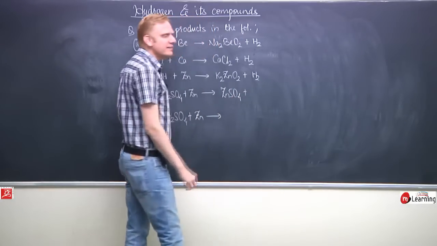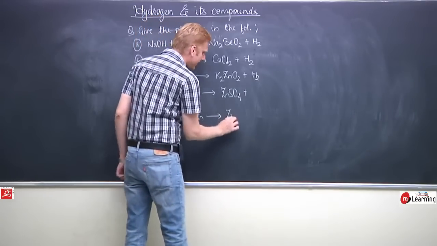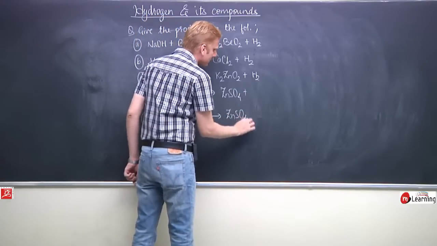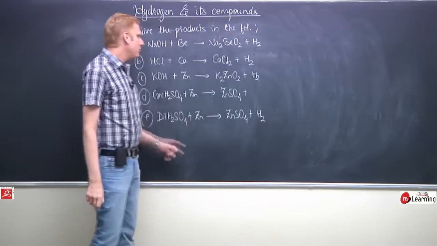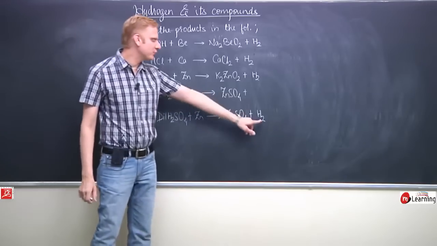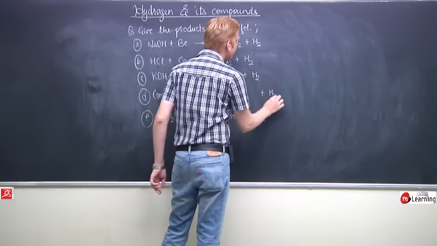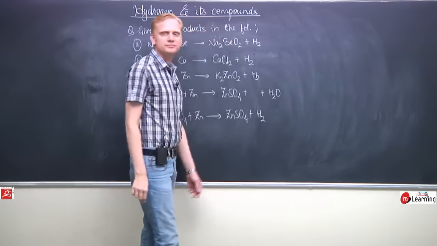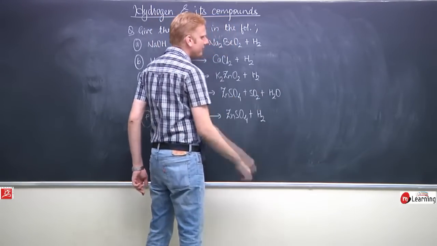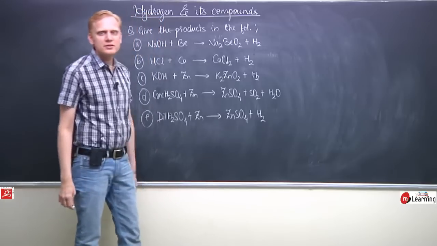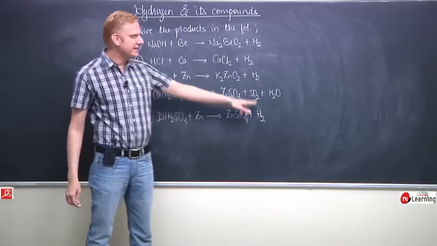In the dilute case you get zinc sulfate and hydrogen, but in the concentrated case you don't get hydrogen. Rather, the hydrogen is oxidized into water and sulfuric acid itself is reduced into SO2. So could you understand why we get the difference in the product here?